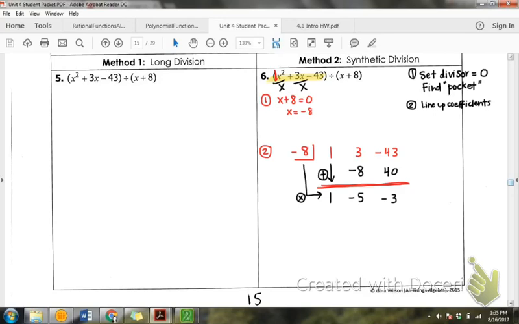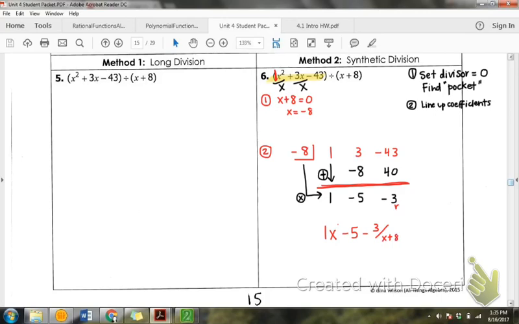So this is what happens. 1 becomes my new coefficient, 1x. Then I go down the line. After just the first power comes the constant, minus 5, which means that 3 is a remainder, minus 3, and the remainder does the same thing over x plus 8.